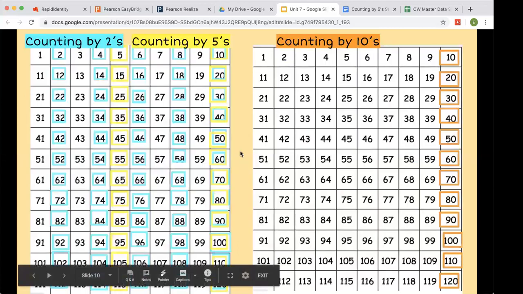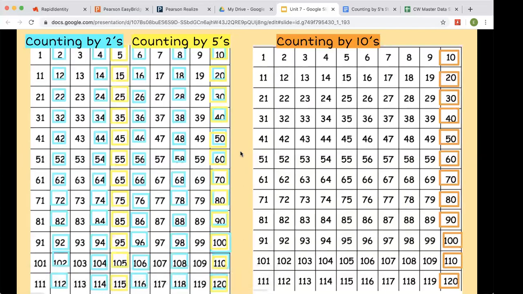Here, I have our hundreds, 20s chart, counting by 2s, 5s, and 10s. Over here, with the blue and the yellow, are when you count by 2s. And then the yellow, when you count by 5s. And then over here for when you count by 10s. If you notice that when you count by 10s, they're all in this one column.